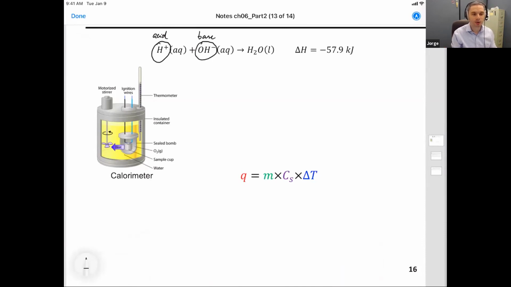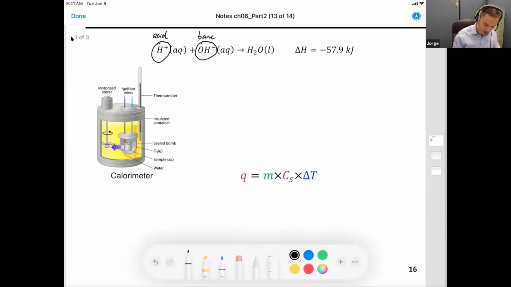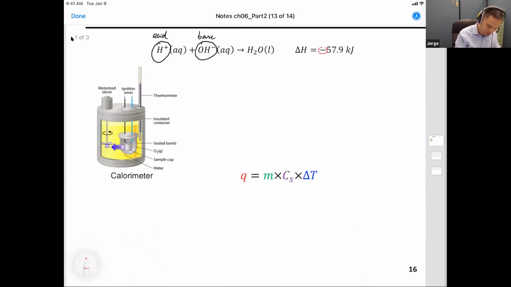And this, as you know, is a neutralization reaction, and one of the products is going to be water. Neutralization reactions have delta H negative. Therefore, that means the reaction is exothermic.